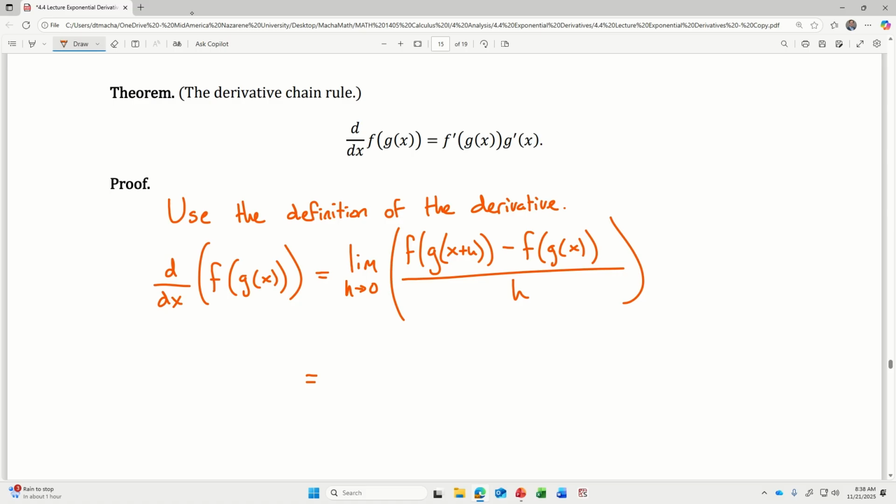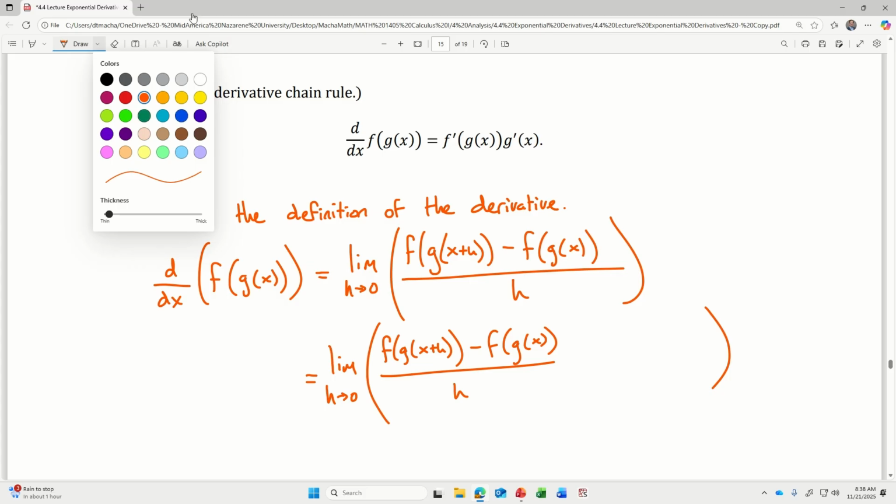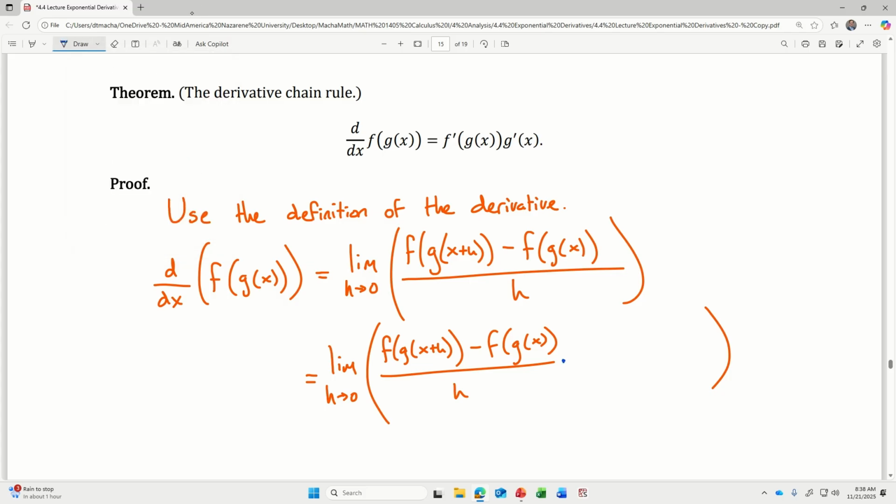I'm going to rewrite this again. But this time, I'm also going to multiply by 1.